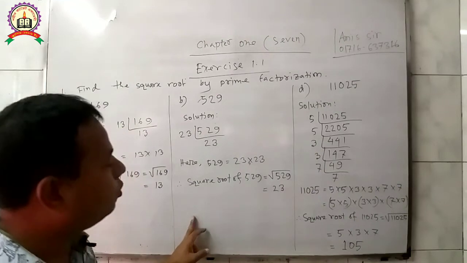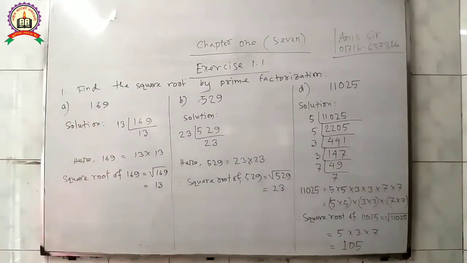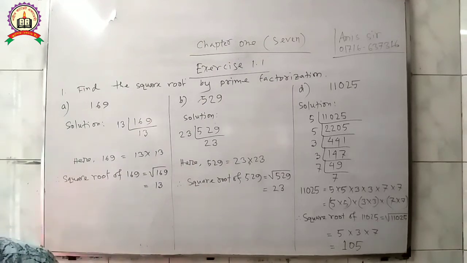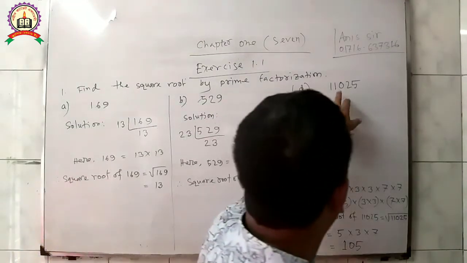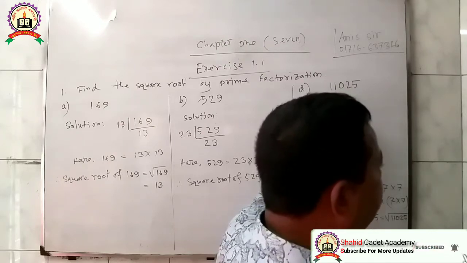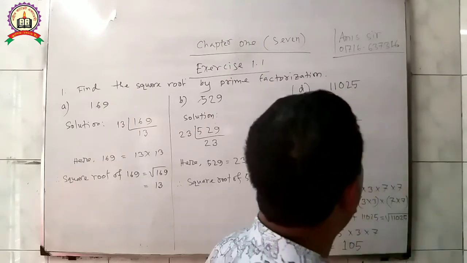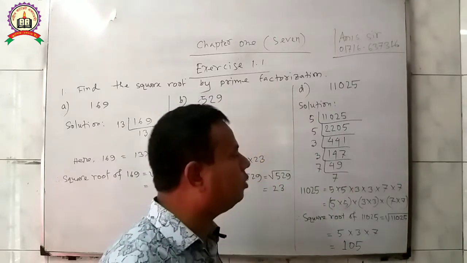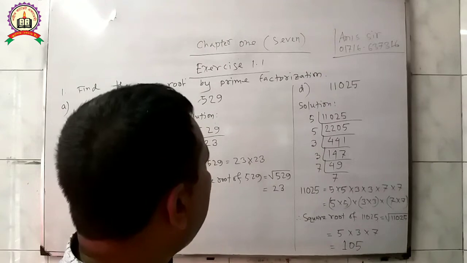Now you have to complete the rest in the same way, and I am solving now part D, which is 11,025. Solution: we have to find the prime factors of this number.